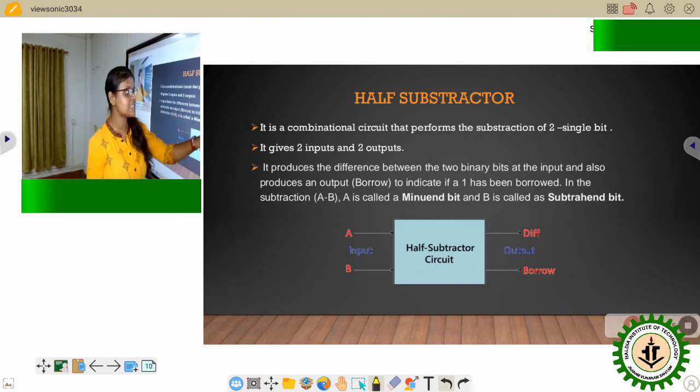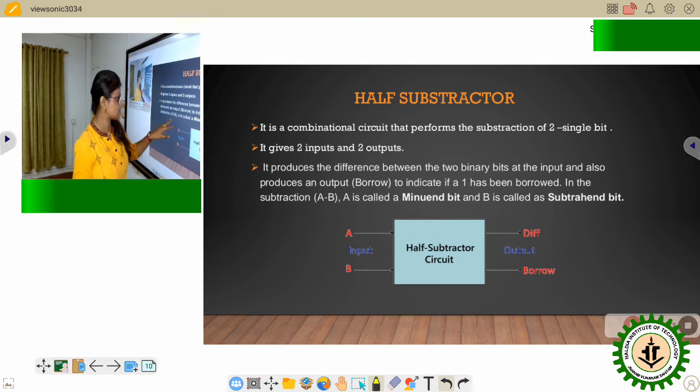A is called the minuend bit and B is called the subtrahend bit. In the case of the half adder, the outputs are sum and carry, but in the case of the subtractor we are getting difference and borrow.